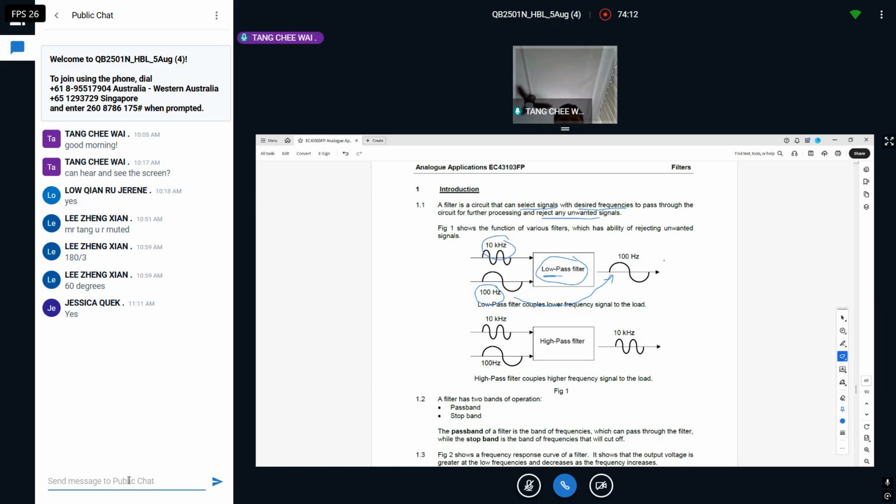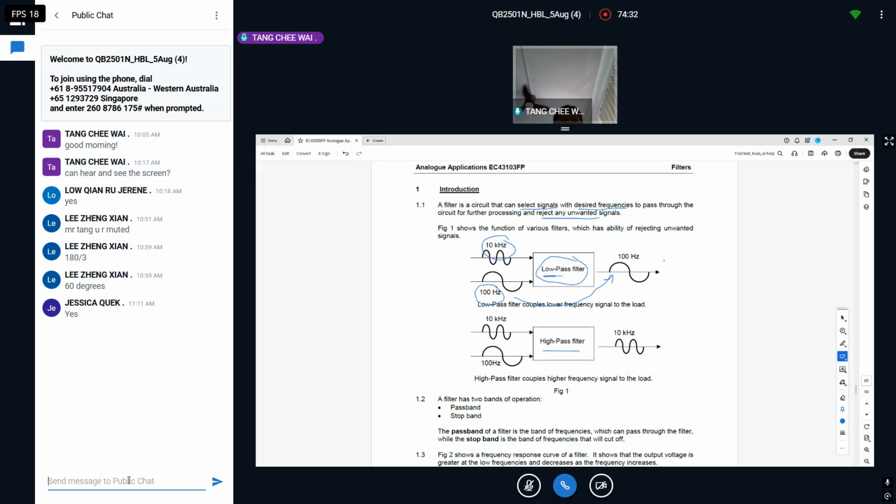Right? Same for the high pass filter, it just works the opposite of a low pass. So now the high pass filter means higher frequency will be allowed to pass, and I would rather reject low frequency.